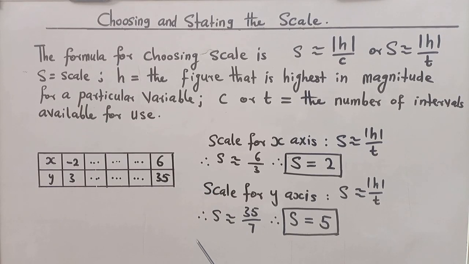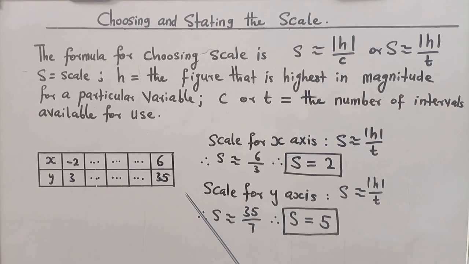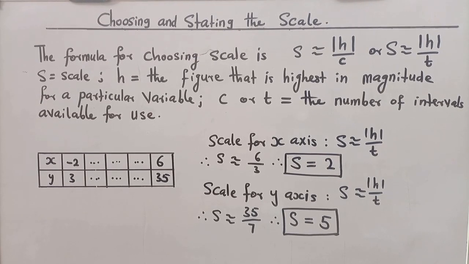Why did I say positive y-axis? It is because 35, with which we are choosing the scale, is positive. If this number were negative, we're going to consider the number of intervals from 0 along the negative y-axis to the edge of the graph page. But because we are choosing scale with this plus 35, then it means that we are choosing the scale with positive y-axis.